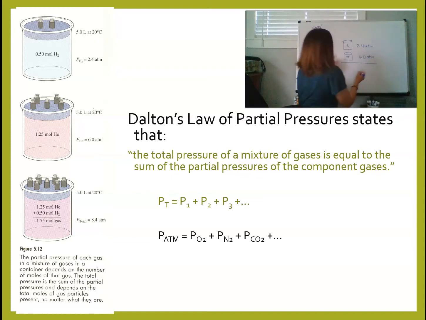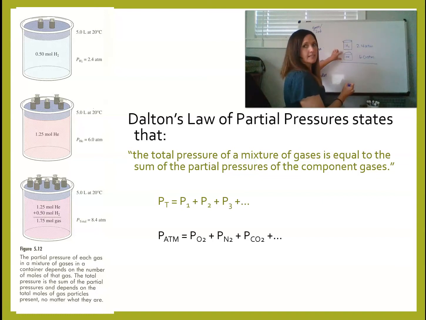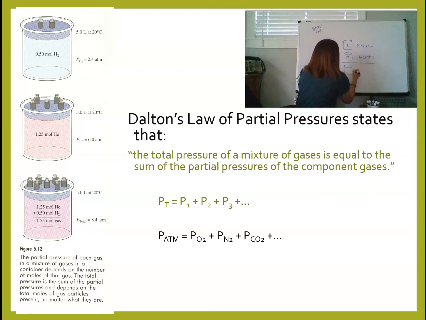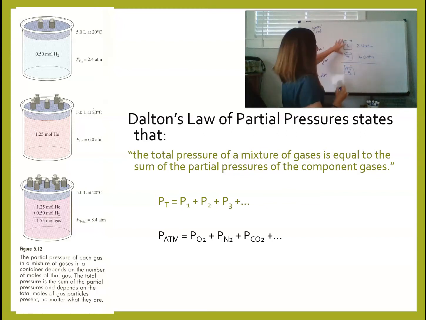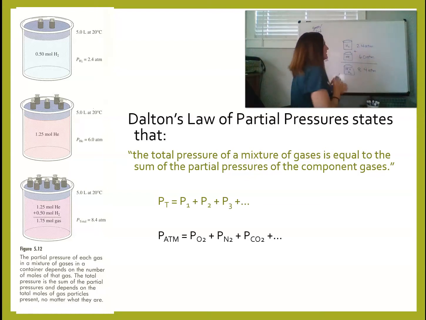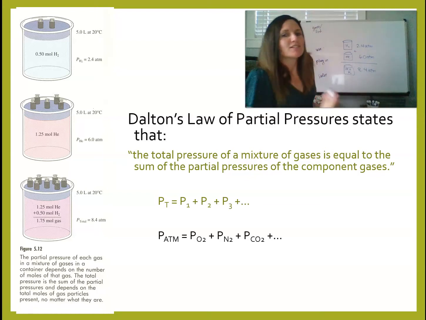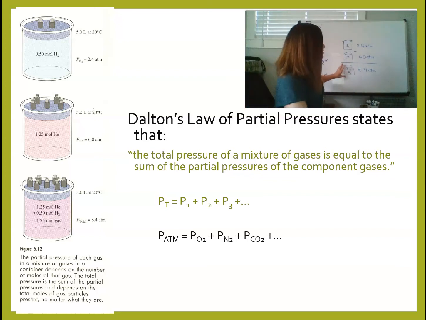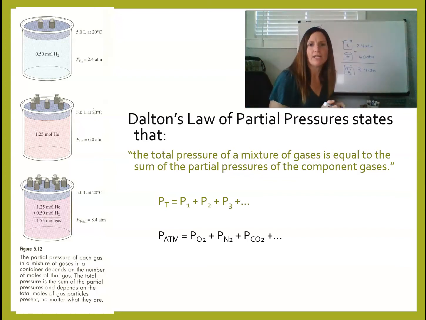When we combine these together, so now we have a container with helium and hydrogen, we have a total pressure of 8.4 atm. We just add these together. So what Dalton's law is basically telling us is that the total pressure is just equal to all of the individual component pressures.